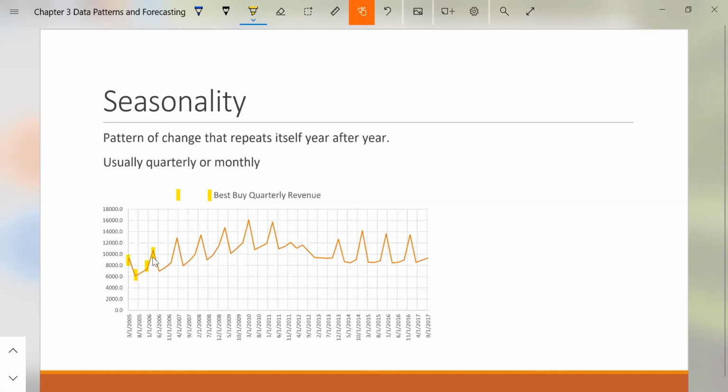And for the next year, we have 1, 2, 3, 4. And the same pattern repeats itself every 4 quarters. Although in the middle, from 2011 and 2013, such pattern is not apparent, but afterwards we still observe the similar pattern, right? So we call this type of up and down the seasonality or seasonal component.